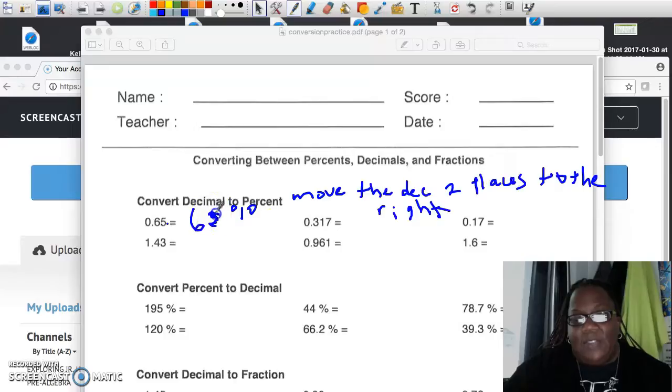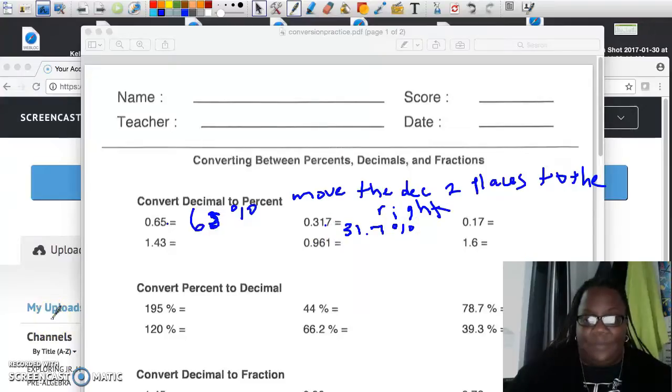Let's do that again. Okay? Looking over here. This one, move the decimal 2 places to the right, 1, 2. You can see the decimal would be right there, leaving 31 in the front. Put your decimal where it's supposed to be, and just add a percent sign, 31.7%.